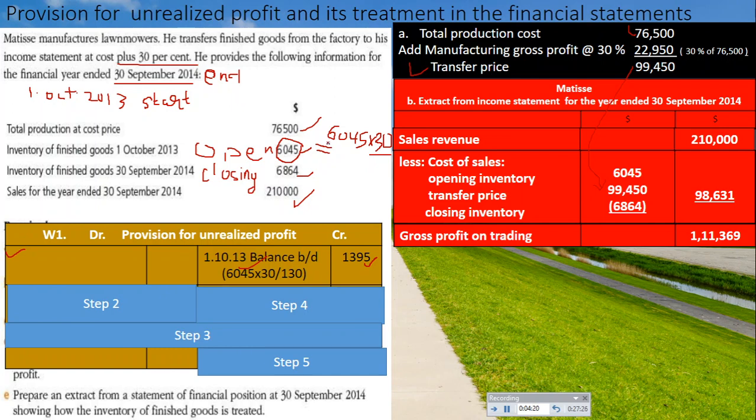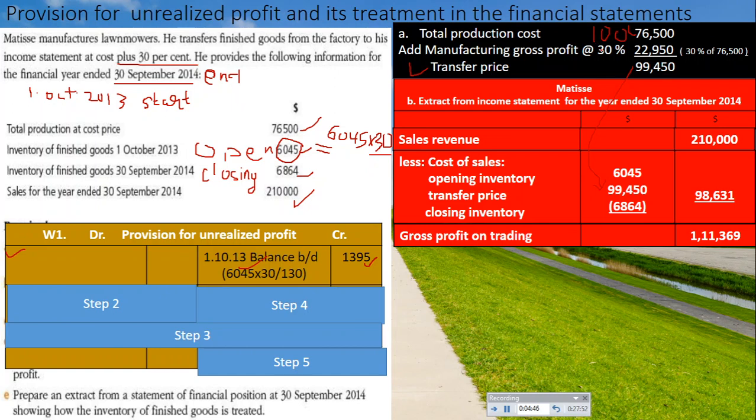What is the percentage equivalent to 6045? You need to write it down here. Now how to know that? You can look here at how we have solved it. The manufacturing profit is 30% of cost, so when you answer the question of what, of cost, that becomes your 100%. So this is 100. 30% of what? Cost. Cost is your 100%.